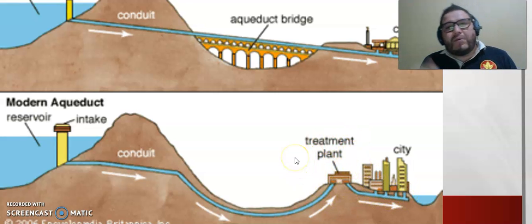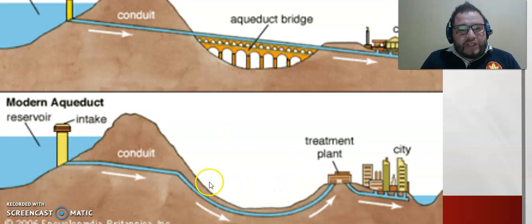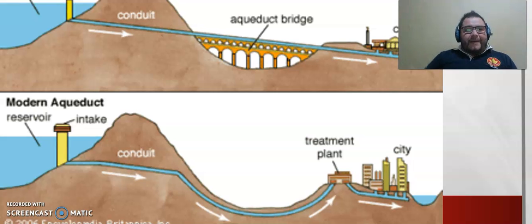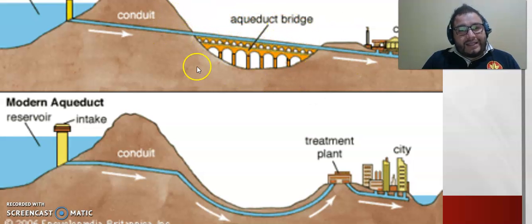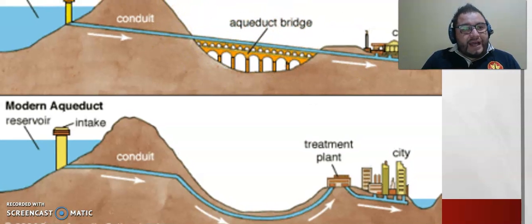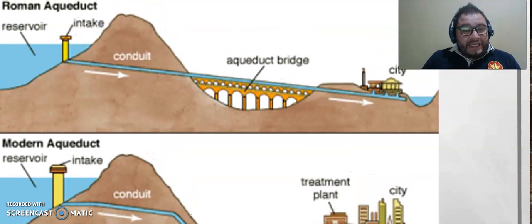This is the way the water goes in tunnels under the soil using gravity. But the aqueduct bridge was an important invention when the Romans did it in the past. This is an important invention that you have to know.